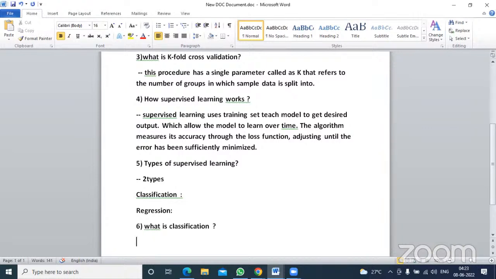Yes, categorize a set of data into classes. Very good.